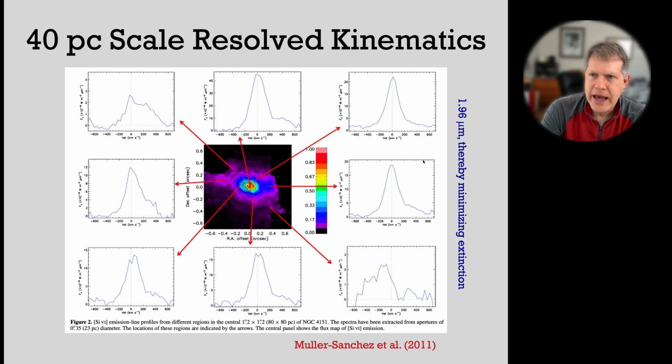In this case, they have used silicon-6 forbidden emission, which is one of these near-infrared lines, which remember I told you were very important for penetrating through all the dust that is present in the narrow line region. And so by going out to a line like this, you minimize extinction effects. Furthermore, they have used measurement techniques that allow them to obtain very high resolution imaging. Note the offsets here are less than an arc second. So this is very impressively high resolution imaging.